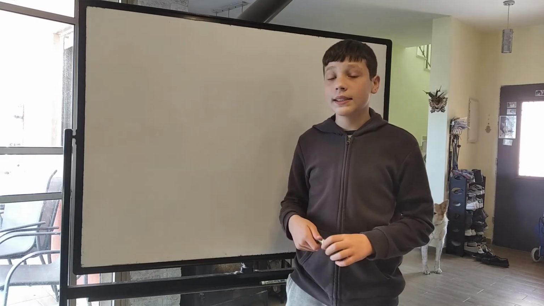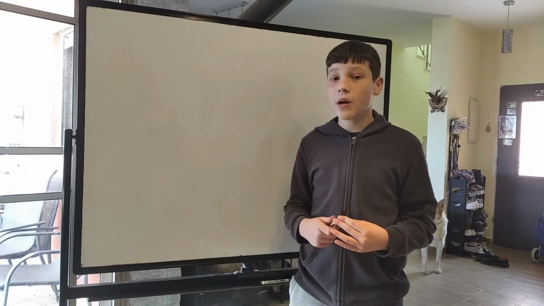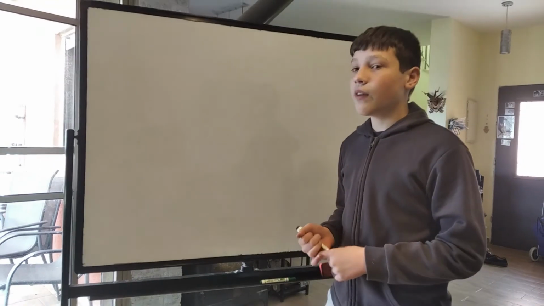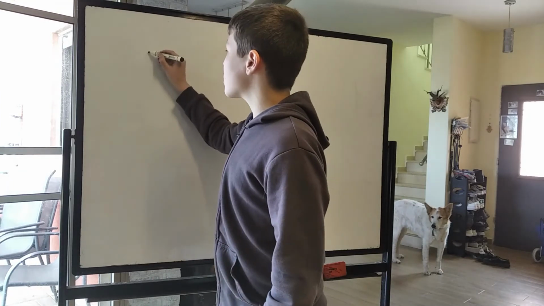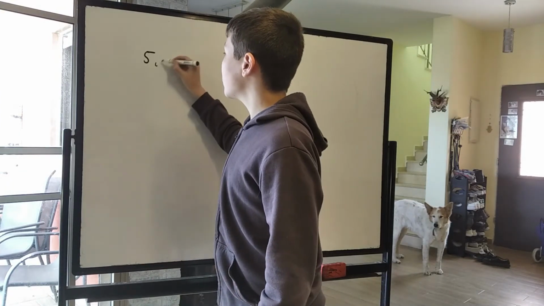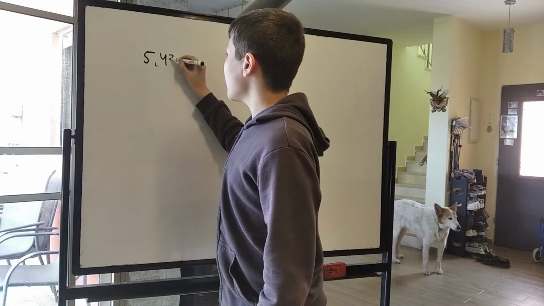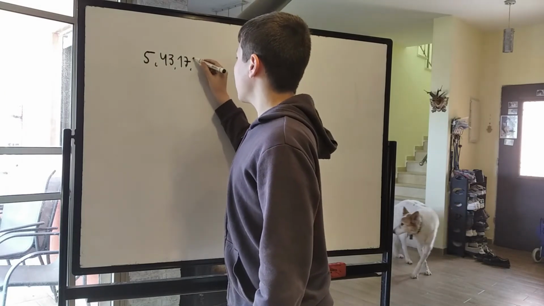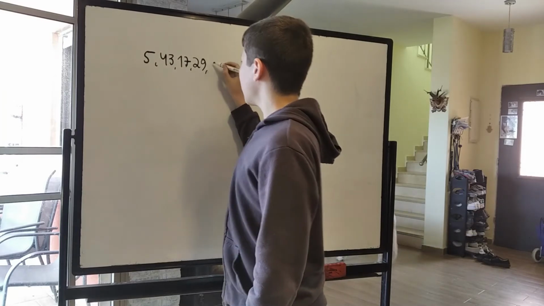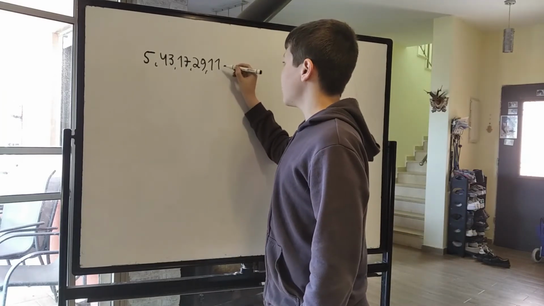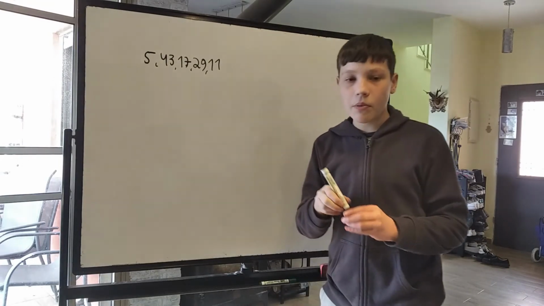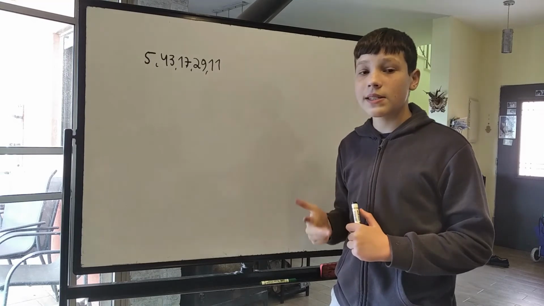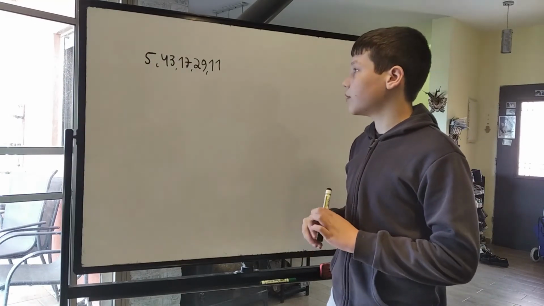Okay, now let's look at an example of this problem just to make things more clear. So let's pick 5 prime numbers. We'll do 5, 43, 17, 29, and 11. So, by this problem, all 5 of these should be congruent to 1, 5, 7, or 11 mod 12.